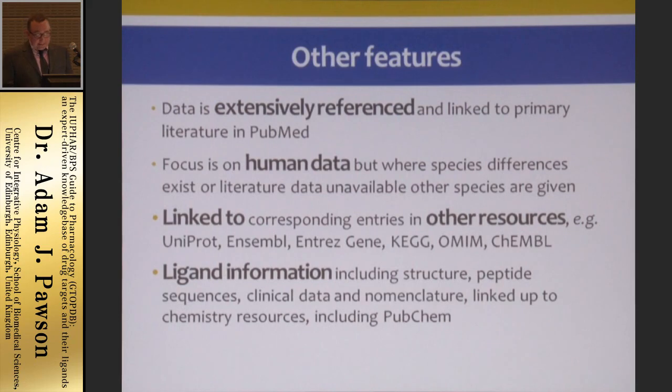All our data is extensively linked to corresponding entries in other resources such as UniProt, Entrez Gene, OMIM, ChEMBL, PubChem, and ligand information includes 2D ligand structures, and peptide sequences in the case of peptides. We provide clinical data, and again, all our ligands are linked up to corresponding entries in a number of other resources.